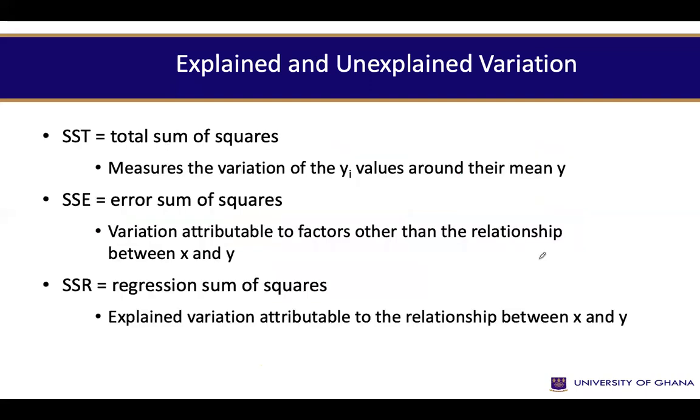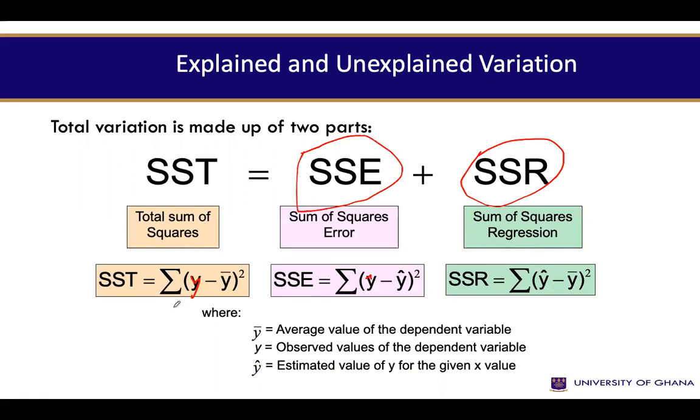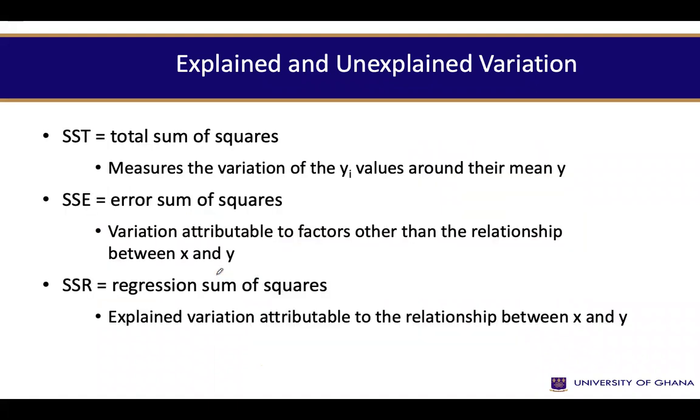So as we said, SST is the total sum of squares, and it measures the variation in the Y values around their mean, how the data varies around their mean, like the standard deviation or the variance, right?